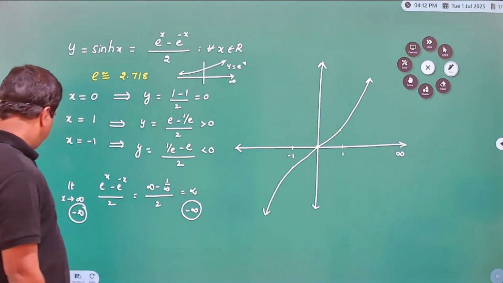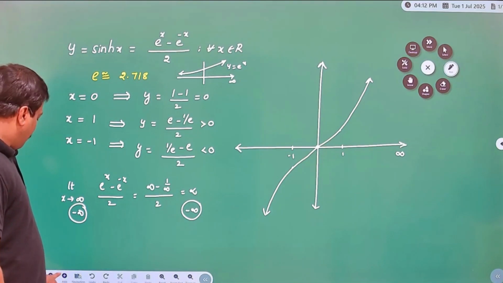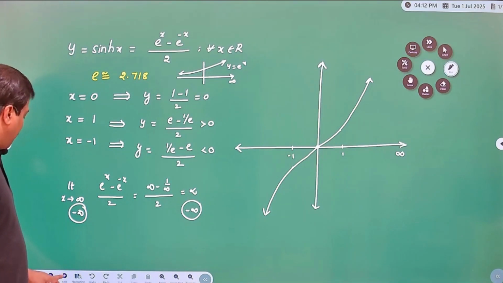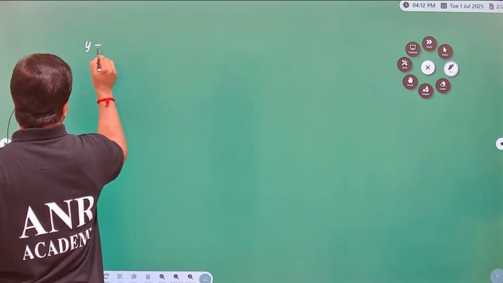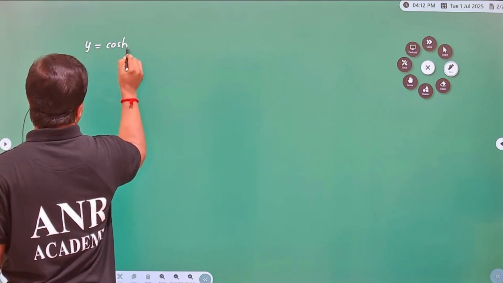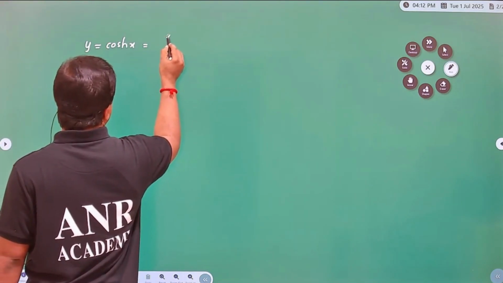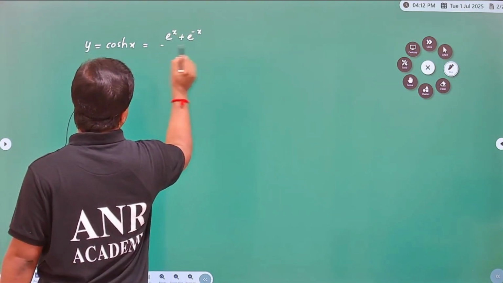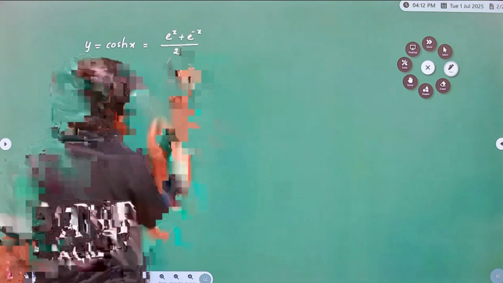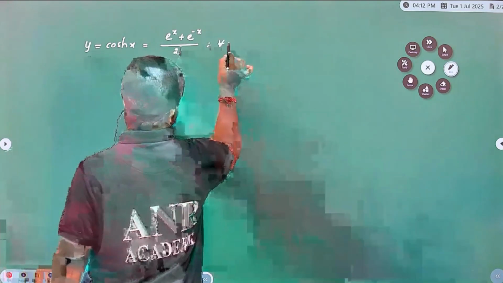Next, we are going to draw the graph of cos hx. We can define cos hx as e power x plus e power minus x whole divided by 2 for all real values of x.